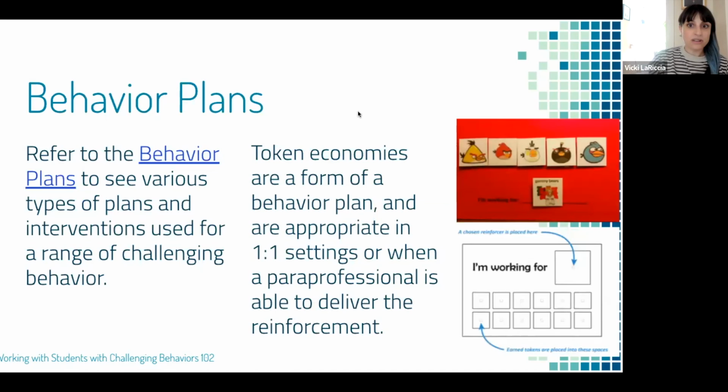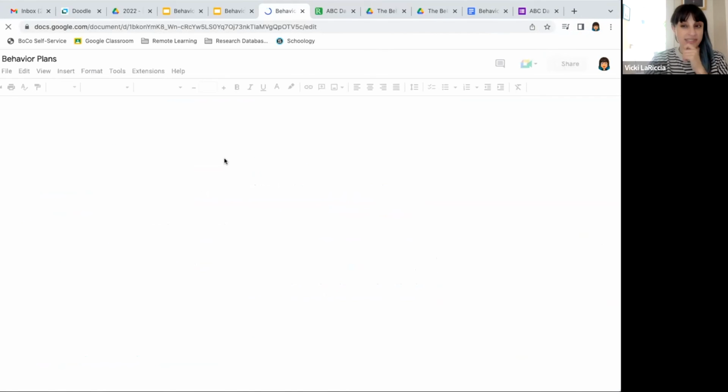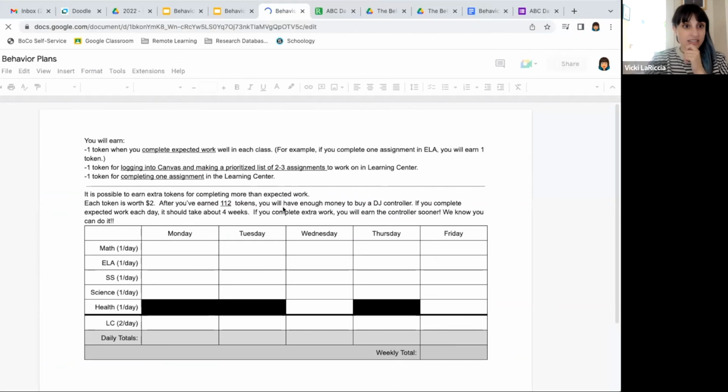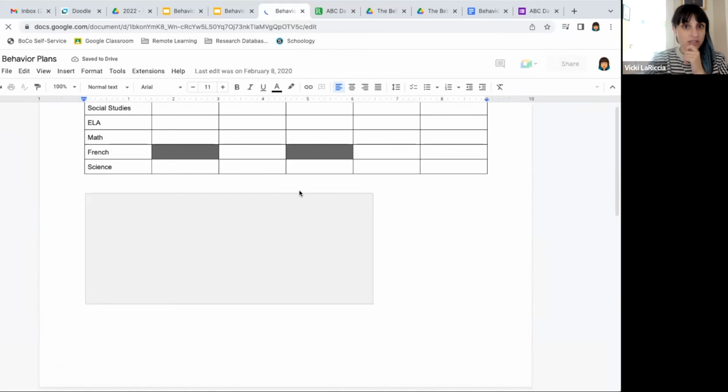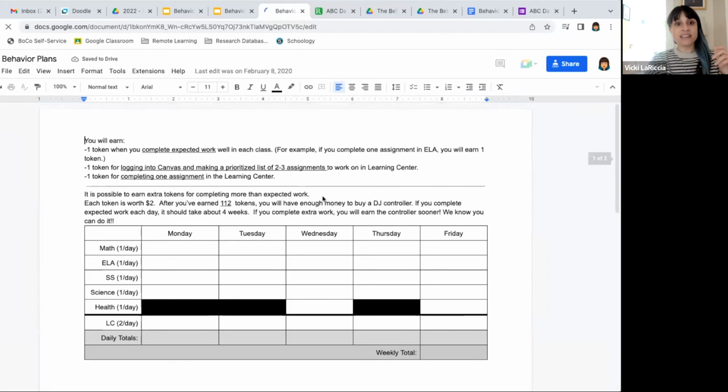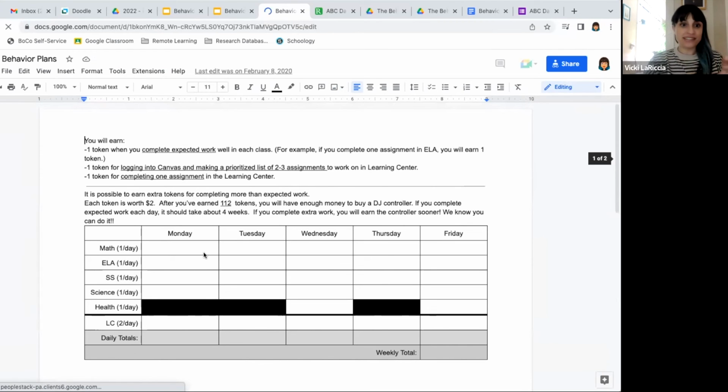Okay, so we talked a little bit about behavior plans, like a token economy. I'm gonna try to breeze through this. So you can sometimes have a full day plan where students get check marks or tokens or something, and they add up at the end of the week.